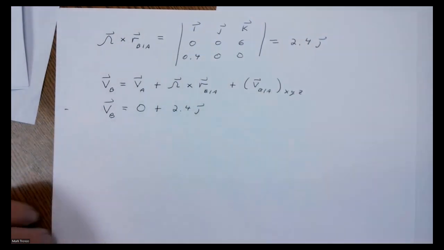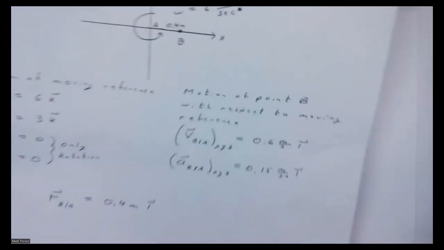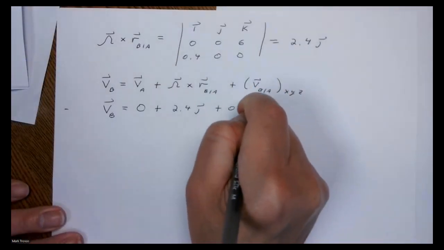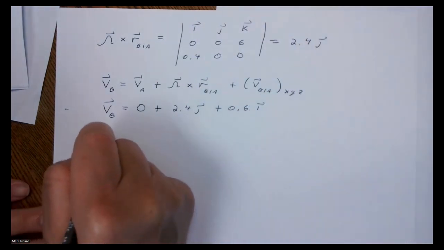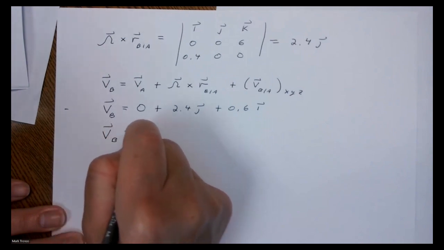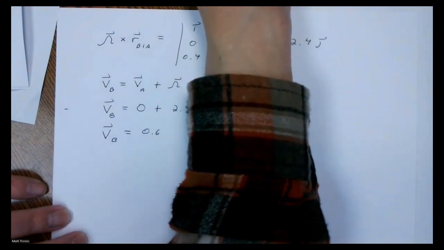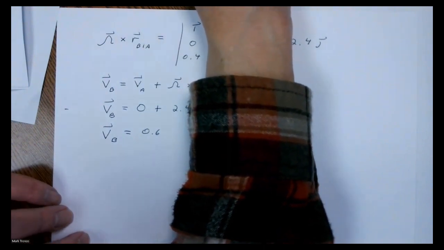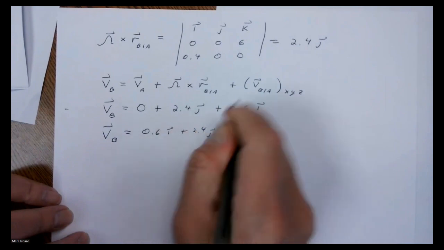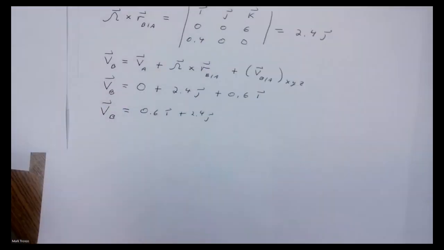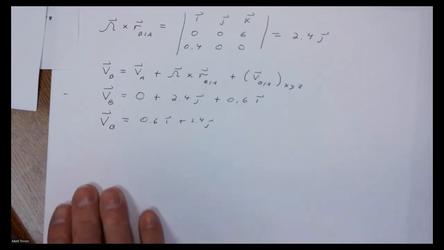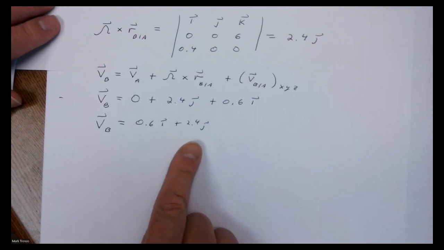And then the VBA, 0.6 I. And so the answer then is going to be 0.6 I plus 2.4J. So the velocity of B is 0.6 I plus 2.4J.